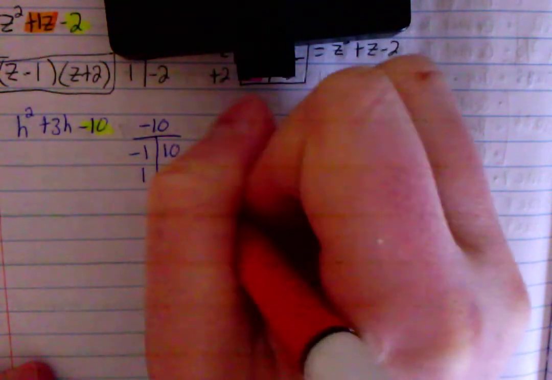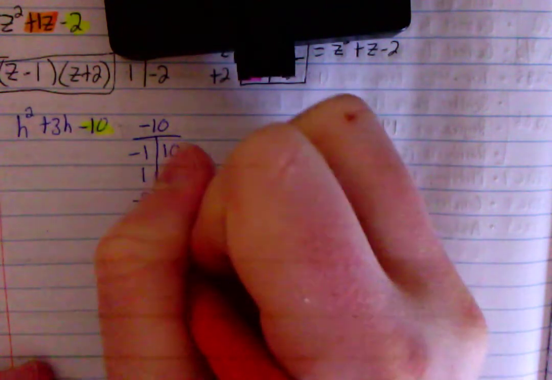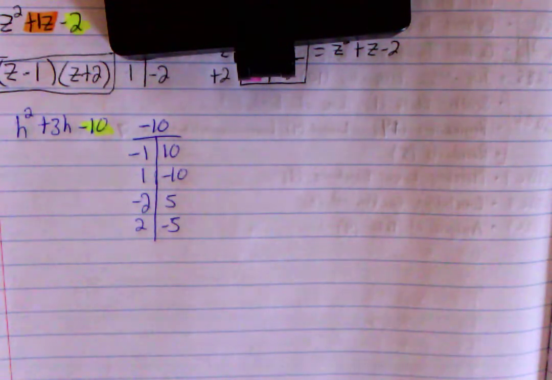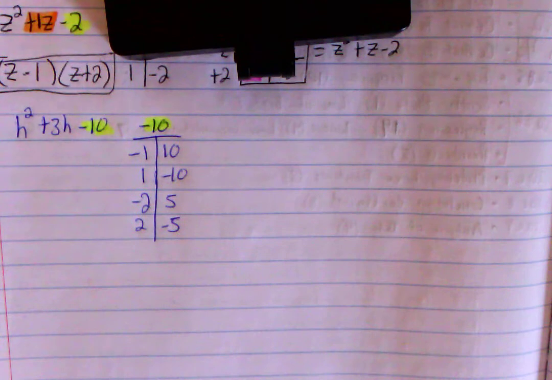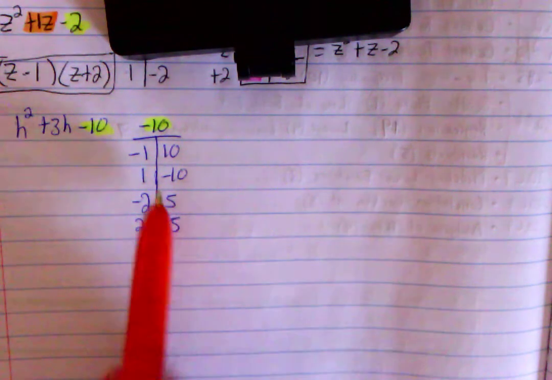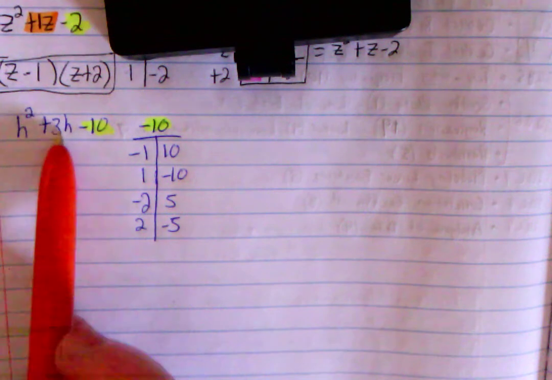So our factors of negative 10 are negative 1, 10, 1, negative 10, negative 2, 5, 2, negative 5. So I need to find which factors add up to positive 3.